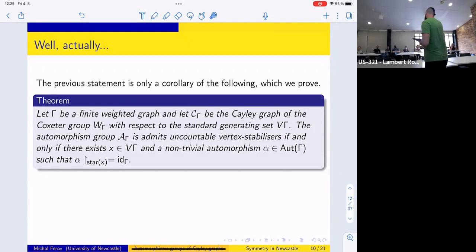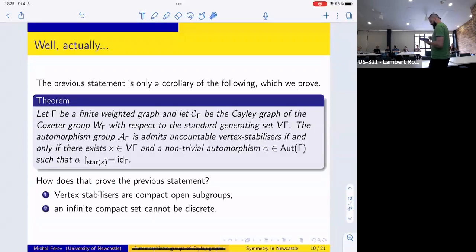In how many ways can you stabilize the vertex in such a graph? And we show that the star condition is sufficient to have uncountably many stabilizers. And how does that tell me anything about the topology? Well, vertex stabilizers, from the definition of the permutation topology, are compact open. So an infinite compact set cannot be discrete. That's really all there is.